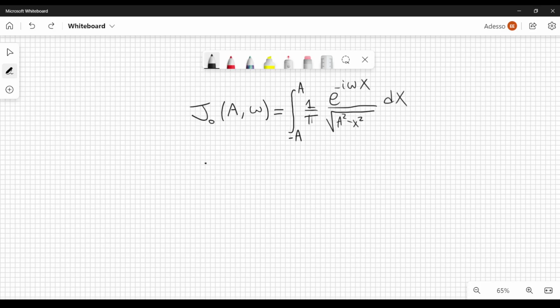Let's start our derivation. In particular, now what I will do is I will simply substitute x equal to a times the cosine of t here in the integral.